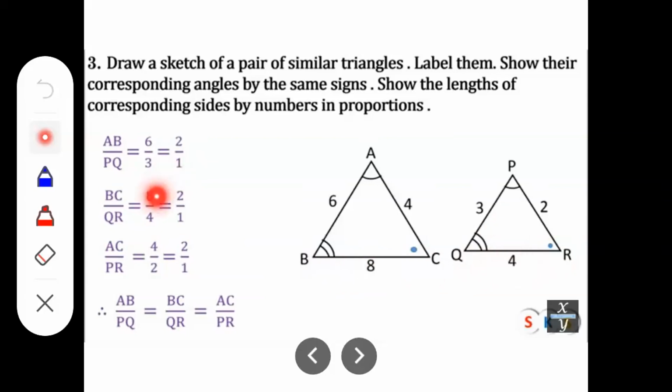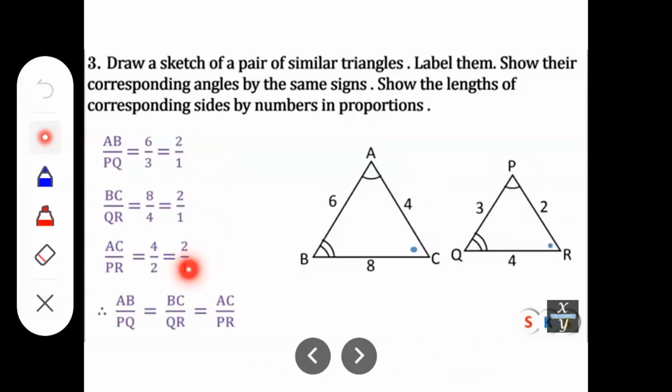So the ratio will again be 2 by 1. You can also change the values, but the ratio should be the same for each ratio of corresponding sides. And for AC by PR, if AC is 4, then PR should be 2. So all the ratios have the same value here.